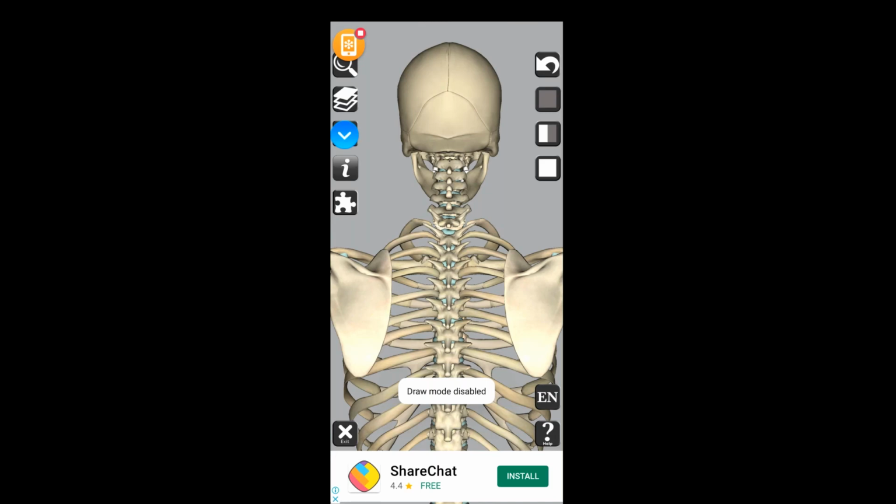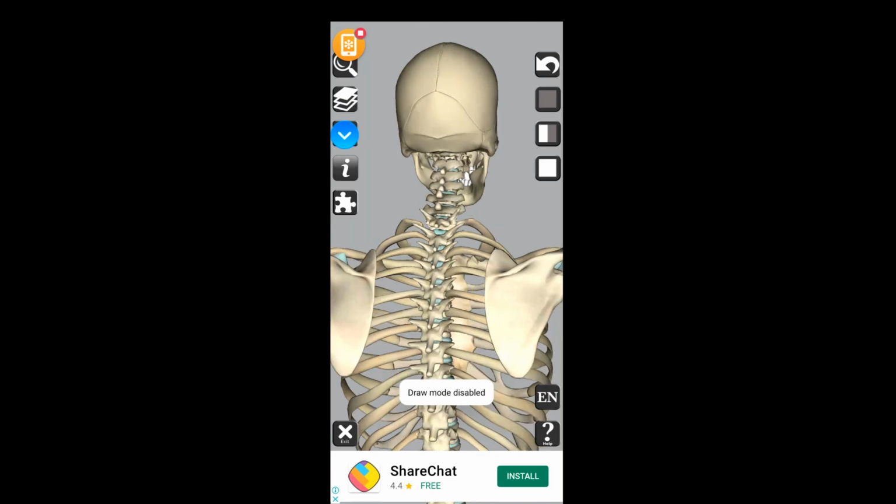Okay, investing layer, it's not visible. Not visible. I mean, what you have drawn was not visible. Only the skeletal system is visible. Now also not visible. It's showing draw mode disabled.